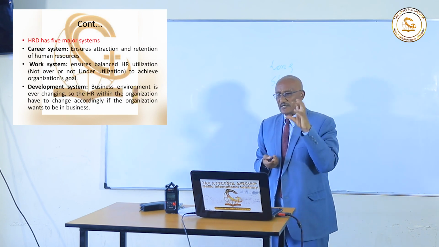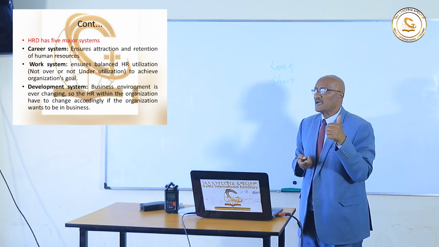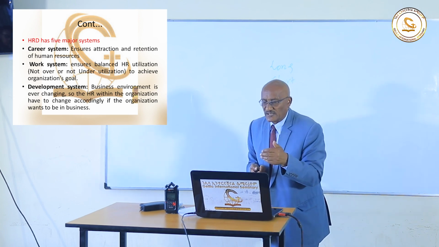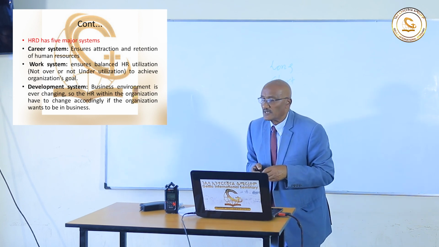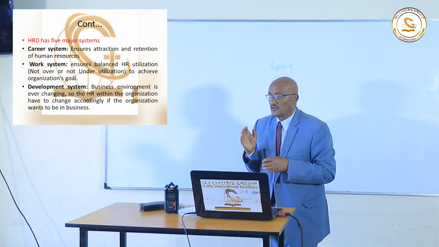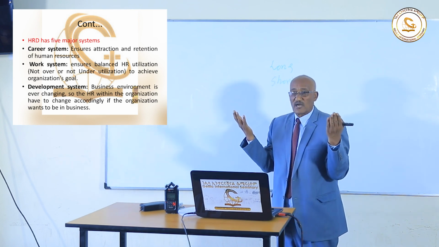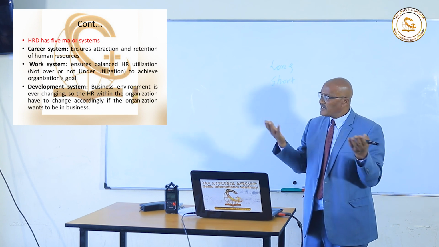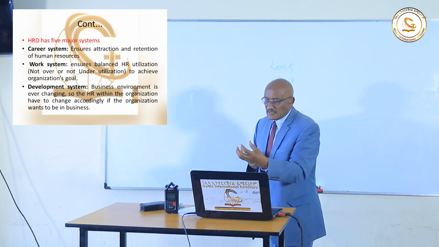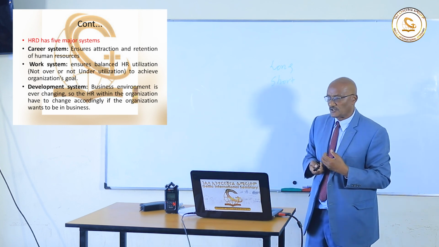So human resource development has 5 major systems. One is career system. It ensures attraction and retention of human resources. If there is human resource development, if people have an opportunity to develop their capacity, even more than money, there is a possibility of attracting people and retaining the most important people in your organization.